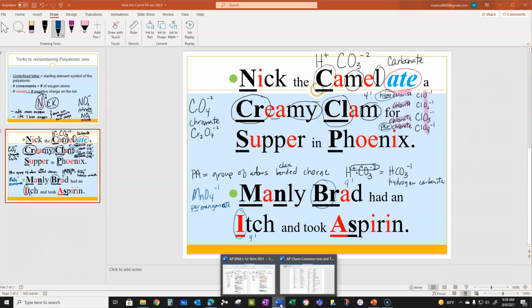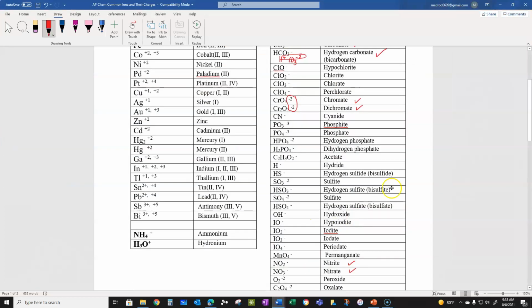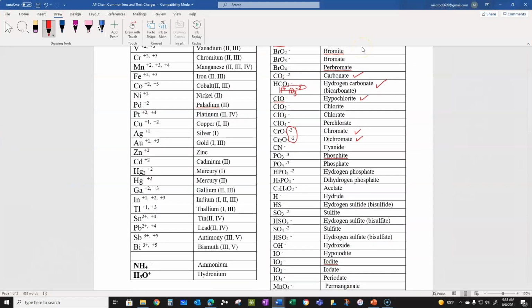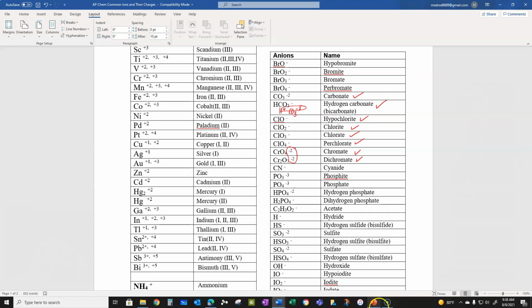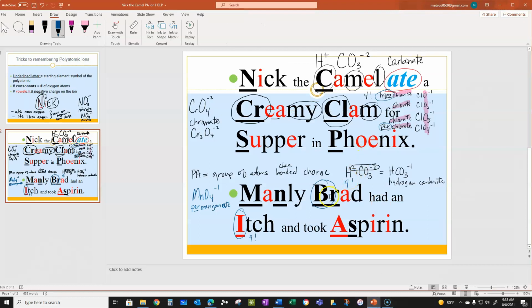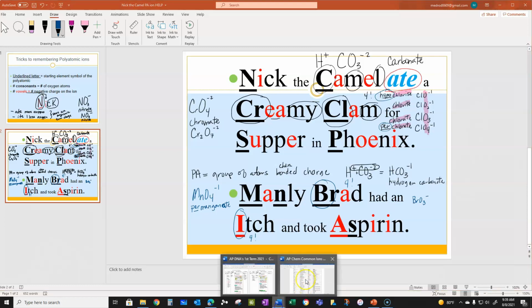So let's go through our list to see which ones we've done. Right here for chlorate, we got hypo and then chlorite, chlorate, perchlorate. We just did permanganate with Manly. And see right here for Mr. Brad, right there, there's Brad. For Brad, I can get BrO3 -1, and that's bromate. And I could do the same trick for bromate, and look at our list.